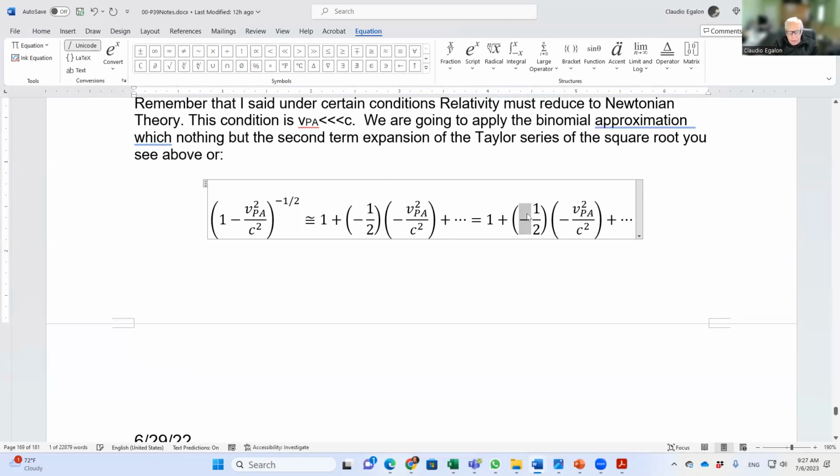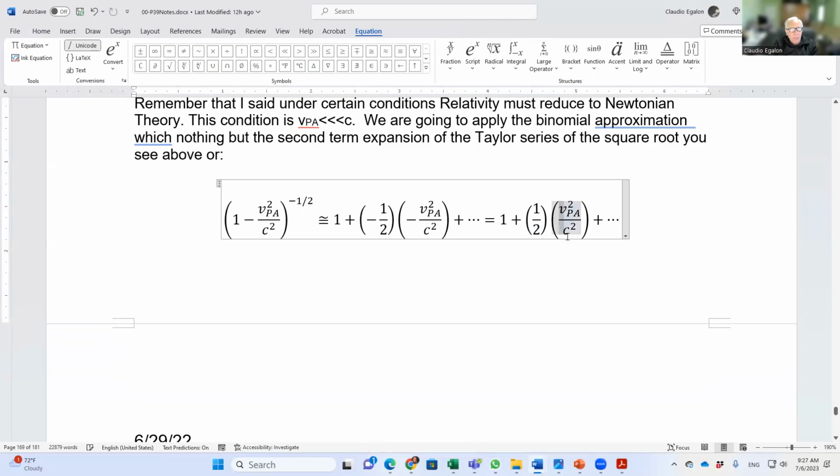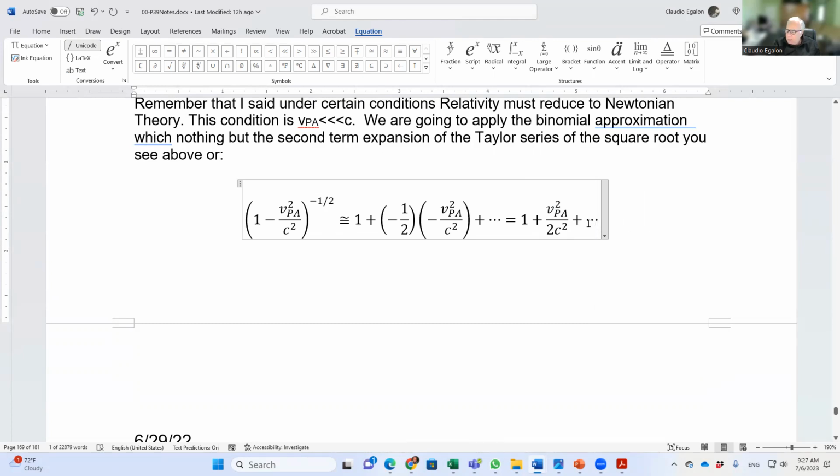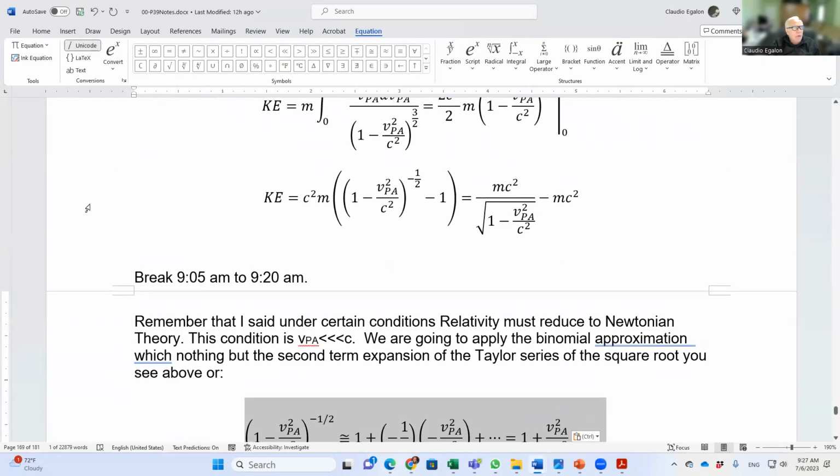The negative term cancels out with the negative term. The 2 goes downstairs. Okay, and we have this relation, this approximation, which we are going to apply to the kinetic energy that we just derived.